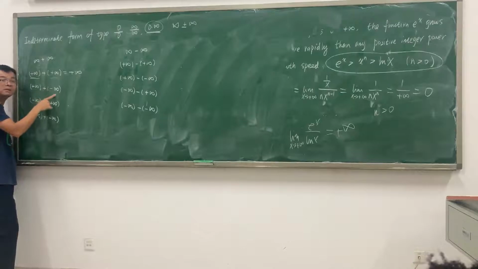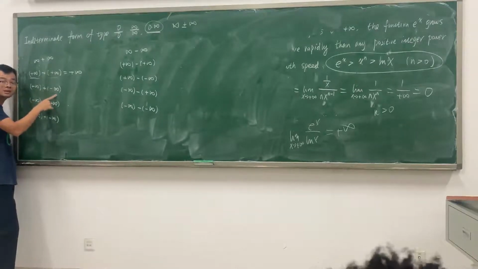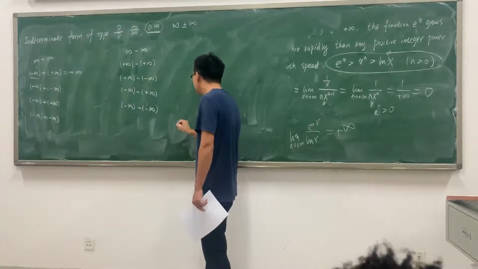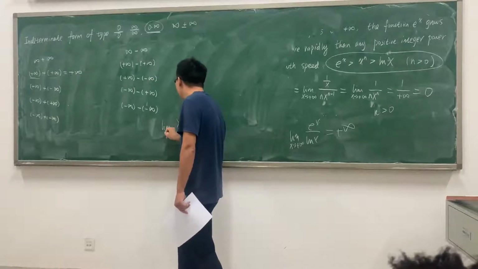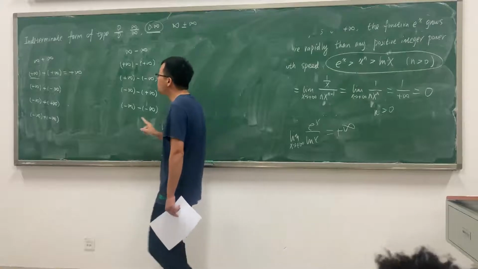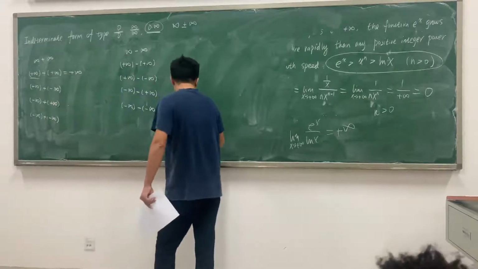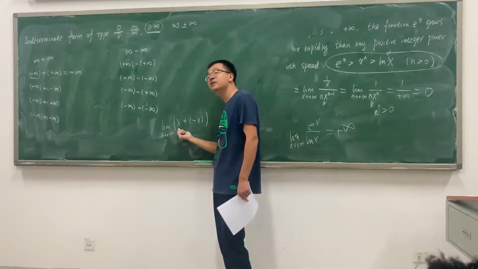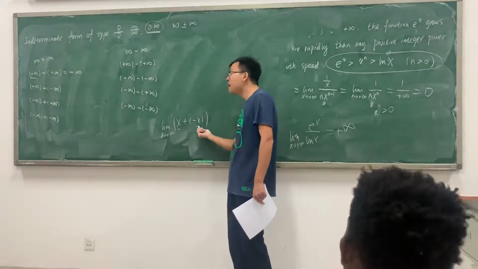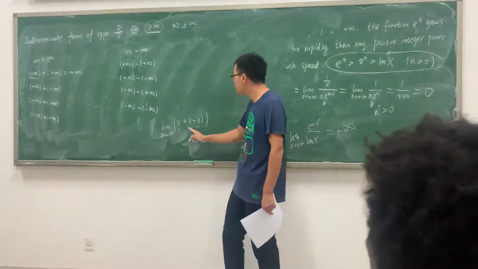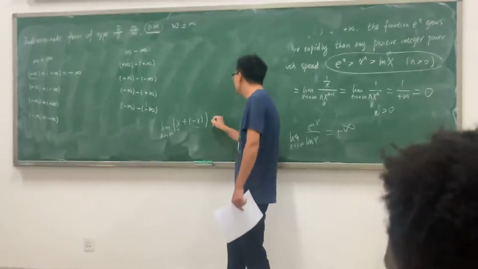Sometimes it can be plus infinity, sometimes it can be 0, sometimes it can be a constant. For example, limit as x approaches plus infinity of x plus minus x: here x is plus infinity and minus x is minus infinity, so plus infinity plus minus infinity, and the result is 0.